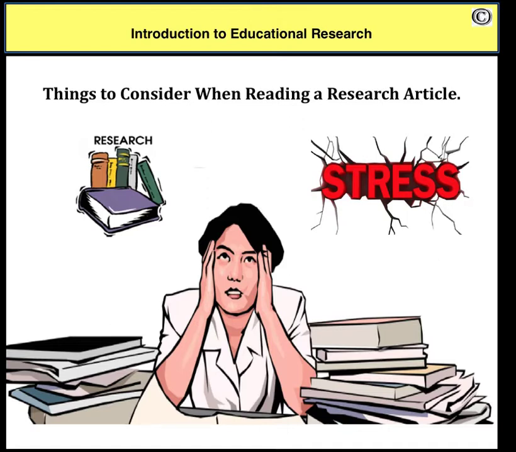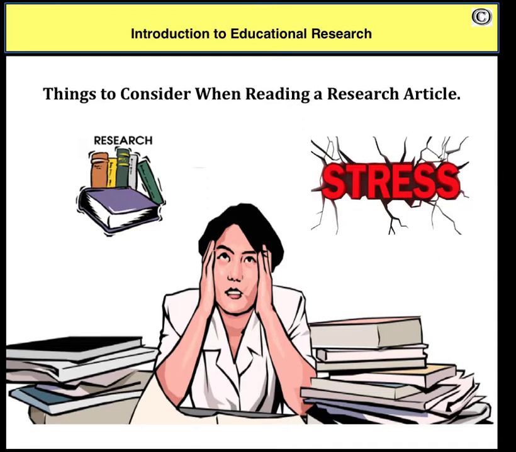So what I'd like to do is to go through some guidelines you should consider when you're reading a research article and have you follow along and read the actual research article that you have in front of you as we go along, comparing it to the guidelines. I'm going to ask you to take some notes as we go along. So make sure you have something to take notes with and to take notes on.